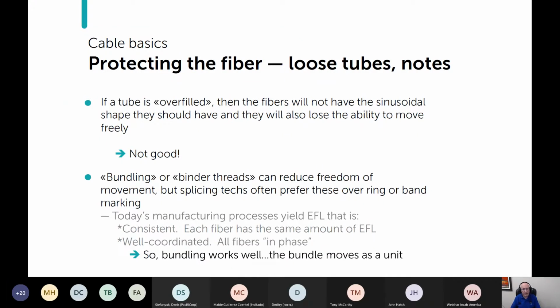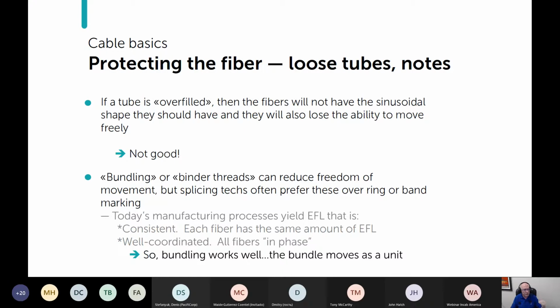There can be a problem, though, if you lose track of that binder thread or the bundling thread, and then you have to start over. So the other technique that is used is ring or band marking. In ring or band marking, you use typically a black mark.